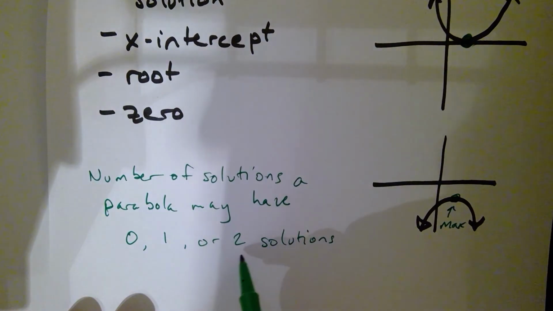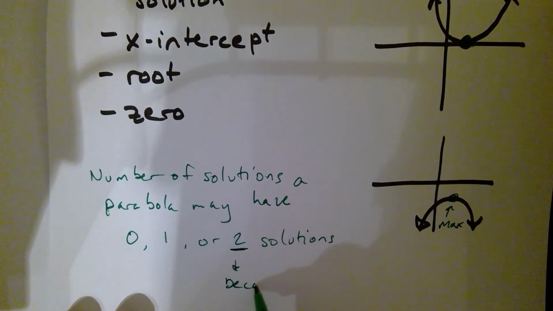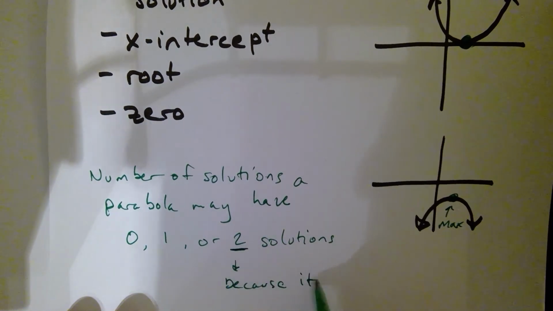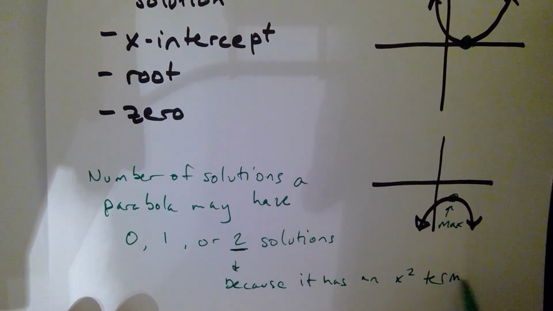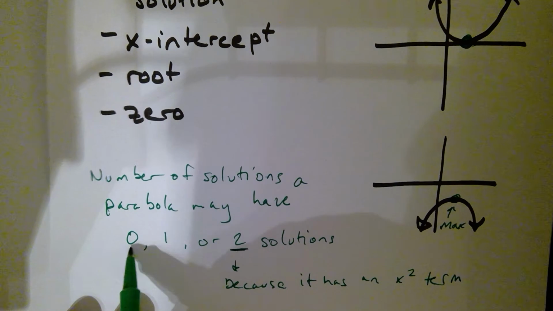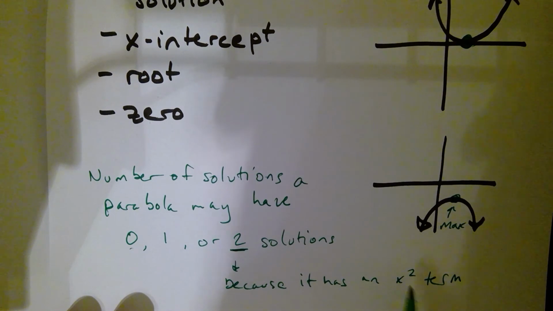Okay? The reason why it can have 2 solutions is because it has an x squared term. Now, even if it has 0 solutions or 1 solution, it still will have an x squared term. But we have 2 solutions because this exponent is 2.